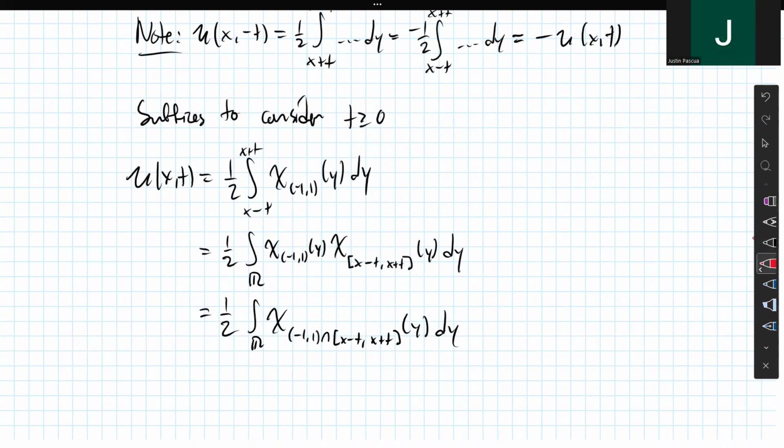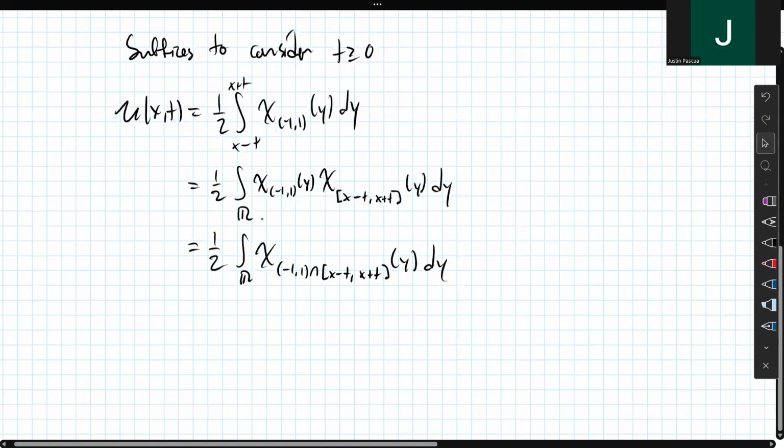Because when y is contained in the intersection, y is in this interval and in this interval. So this will spit out 1, this will spit out 1, and this will spit out 1. And if y is not in the intersection, this will spit out 0. And y not being in the intersection tells us that y has to be excluded in at least one of these intervals. So at least one of these characteristic functions is going to spit out 0. Right, so we have genuine equality between these two integrands.